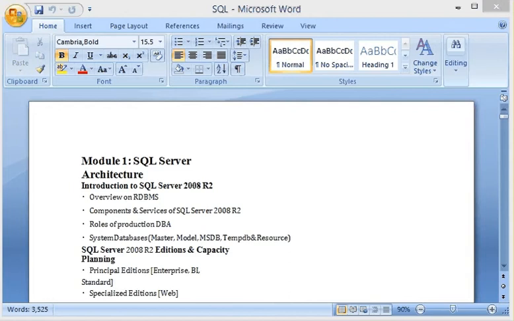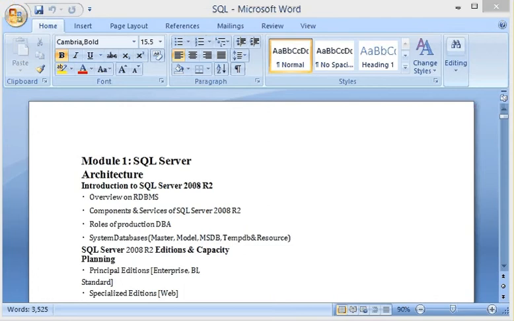Today I'd like to start this course of SQL Server 2008 R2. I'll be publishing the course from the basics to the advanced topics in SQL Server.